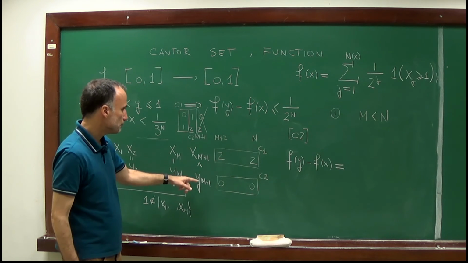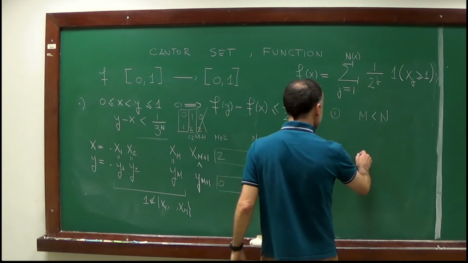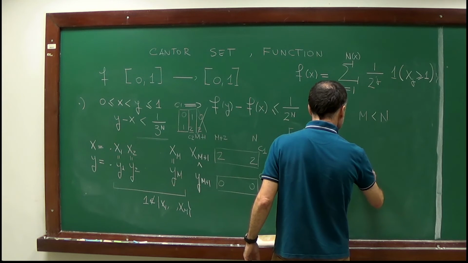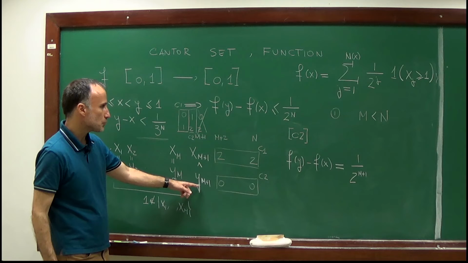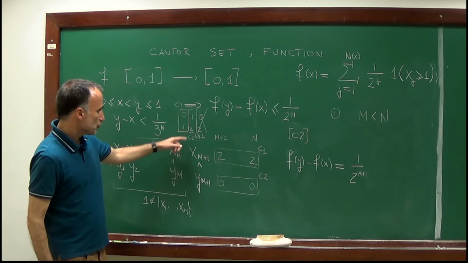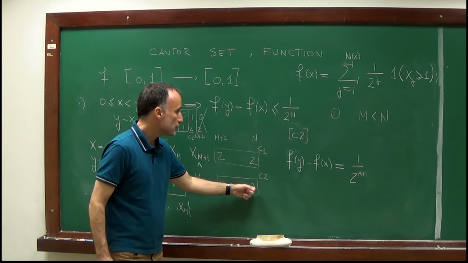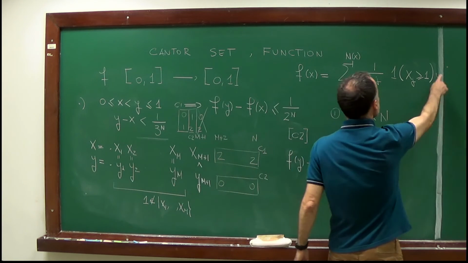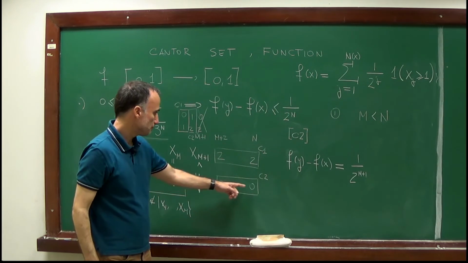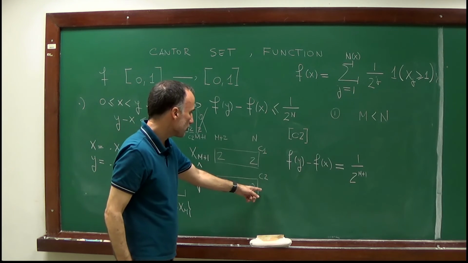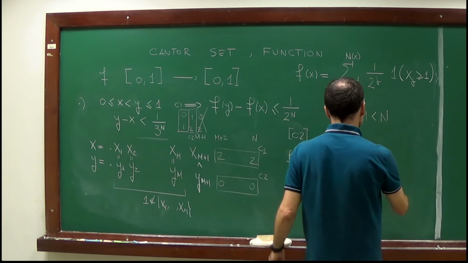This gives me a 2, so there is a 1 over 2^{m+1} coming from the contribution of y_{m+1}, which is a 2, so I have to continue, but then I have zeros. The zeros will not appear because I have this condition requiring the digit to be at least 1. And then maybe I have a further contribution starting from n plus 1.